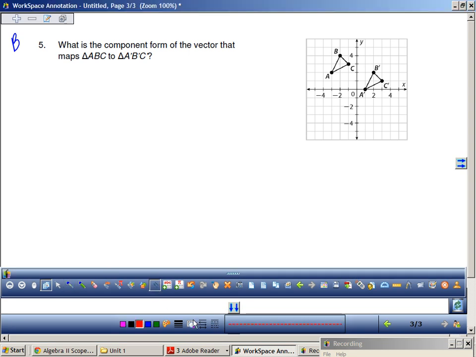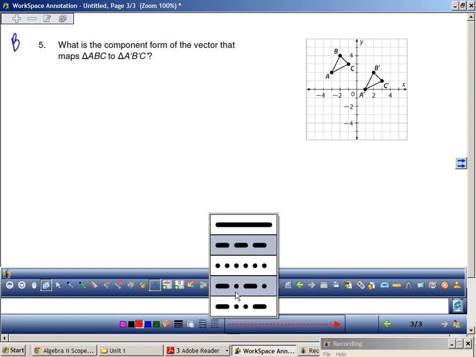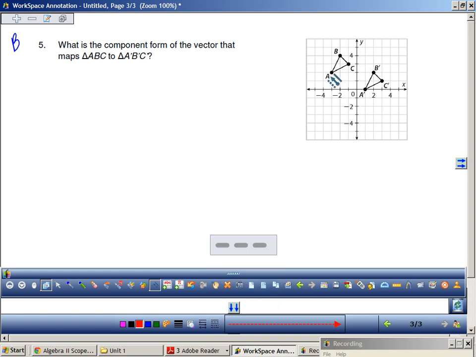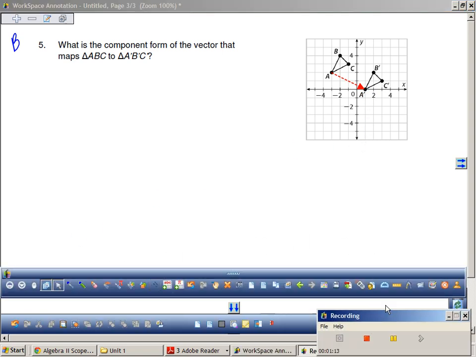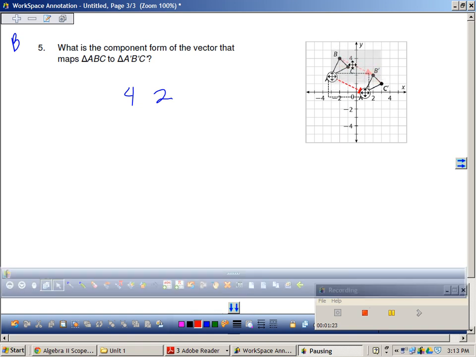Correct? You remember? From A to A, okay, so if I want to find how A, B, and C map to B prime, C prime, and A prime, all I have to do is measure this vector.